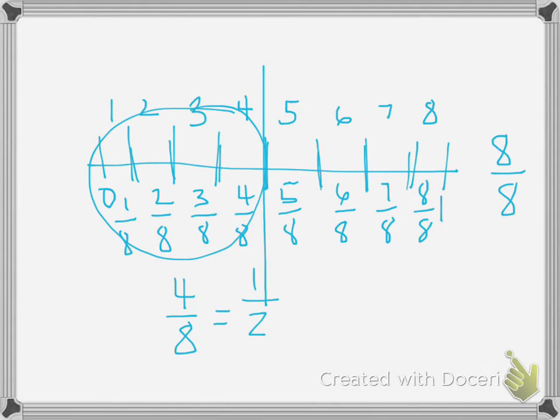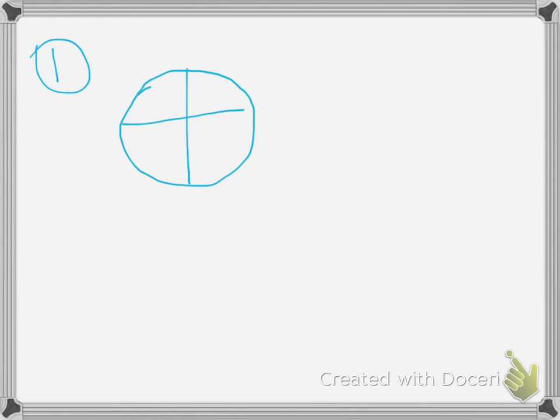So here are a few problems that I'd like you to do for practice. So here's number 1. Tell me, and write the fraction the right way, tell me how many parts are shaded and what the fraction is.